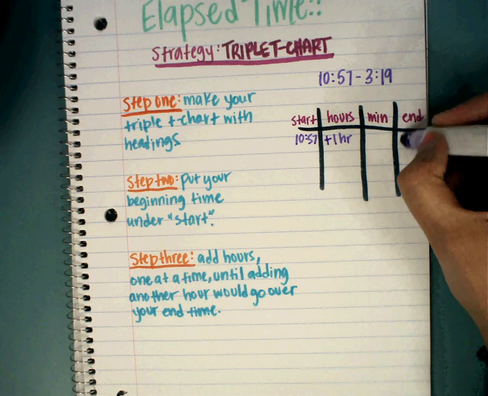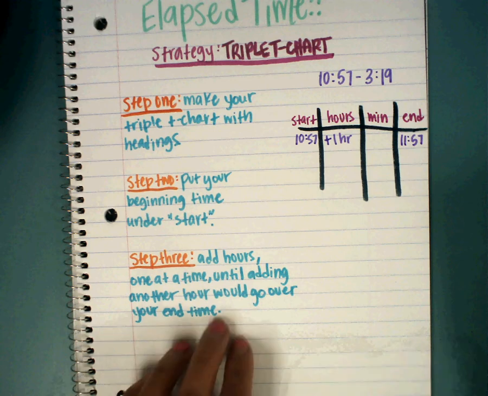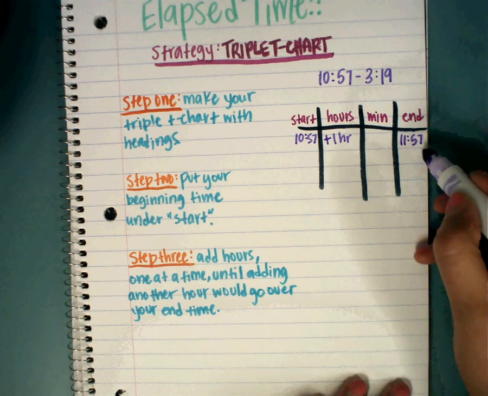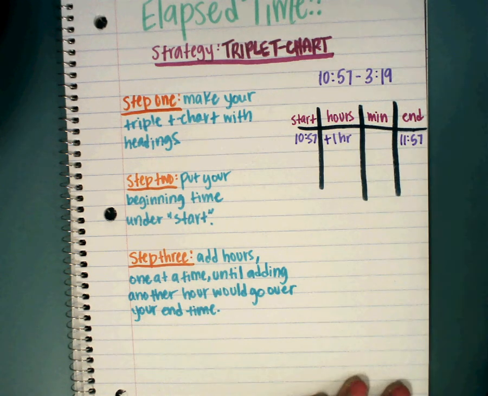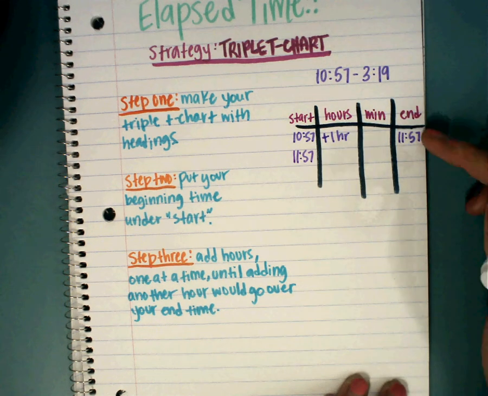So now, when you're doing this, your end time becomes your new start time. Okay? So now this is 11:57 over here. You see where I'm going with this? So now I'm at 11:57, and I'm going to add another hour. Because that would get me to what?